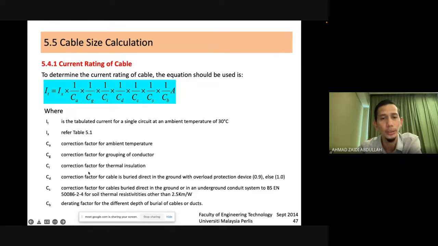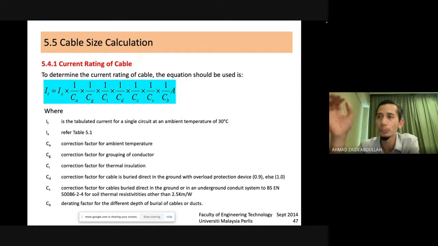When you are dealing with that type, so you must consider it during your calculation. Contoh, kan, your project is you want to install cable on thermal insulation, kan, dinding yang ada thermal insulation. So you must put the correction factor during your calculation. So normal engineer dia tak calculate benda-benda ni. So that's why the long life of the cable is tak sama based on what the manufacturer yang provide tu.